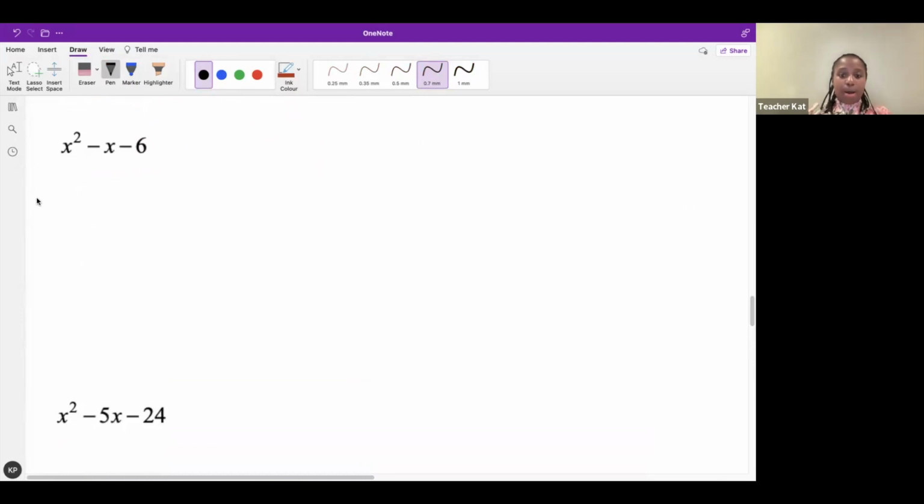Okay, step 1, 2 brackets. Step 2, how do I get x squared? Anybody? Thank you, Lily. X times x. My first sign is a negative, so that means my first bracket will have a negative.